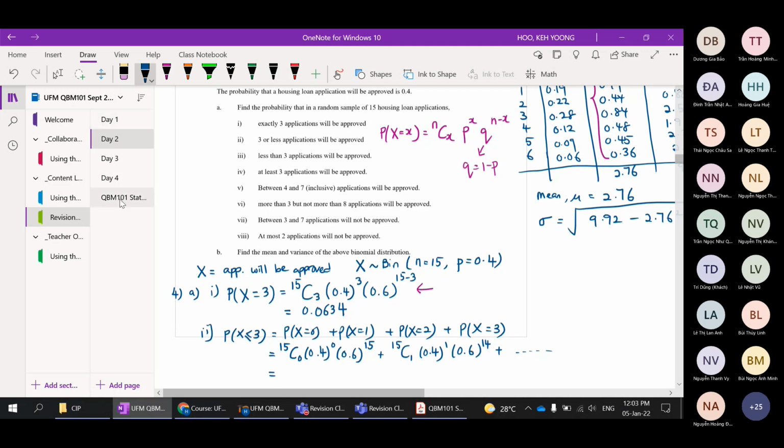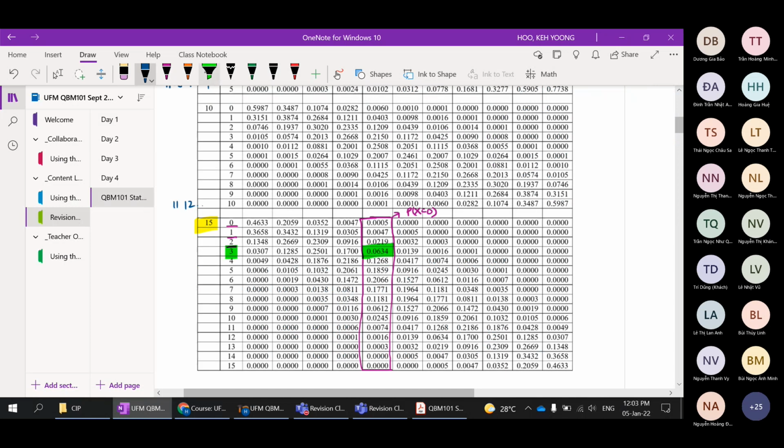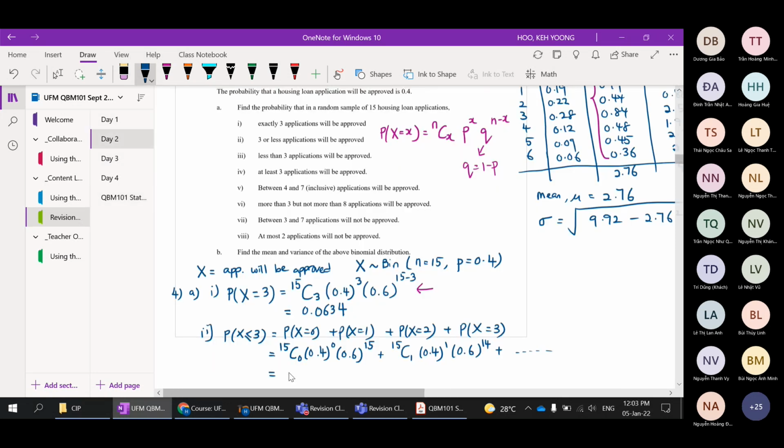If you can refer to the table, then let's look at the table here. This time we look at x equals 0, 1, 2, and 3, these four probabilities. Just straight away write down the probability, 0.0005. When solving probability questions, please leave your answer in 4 decimal places.